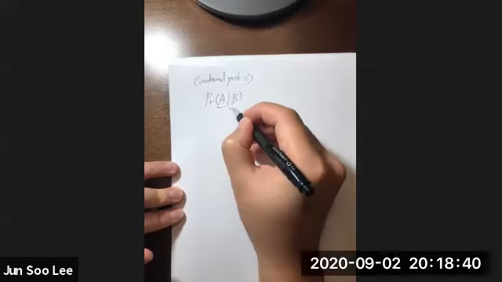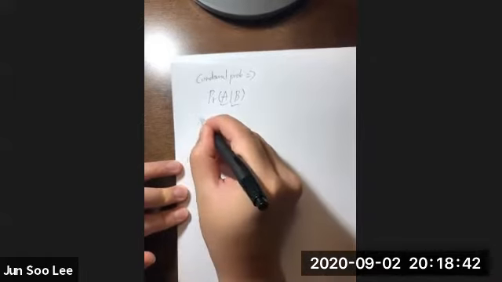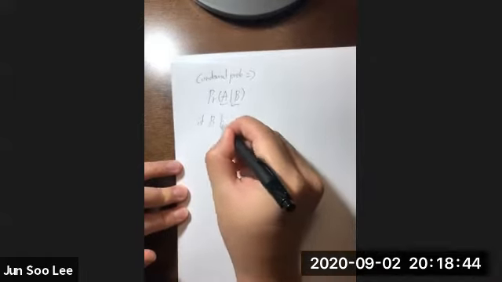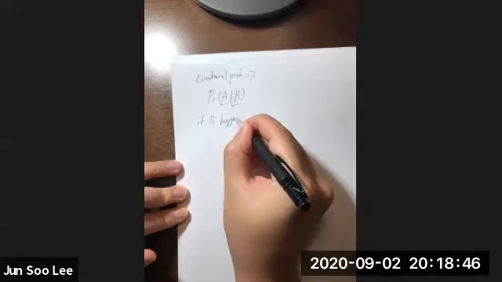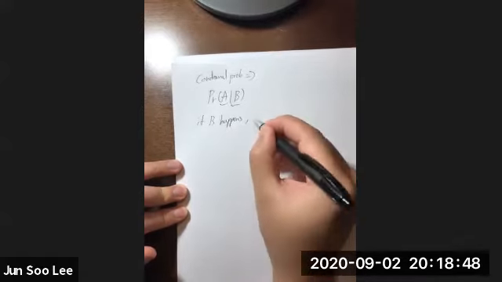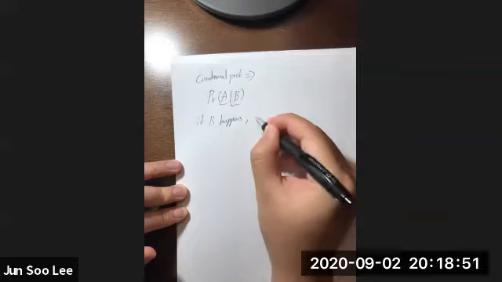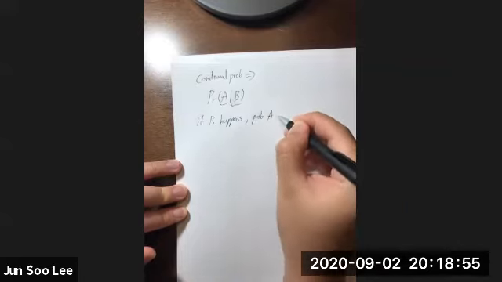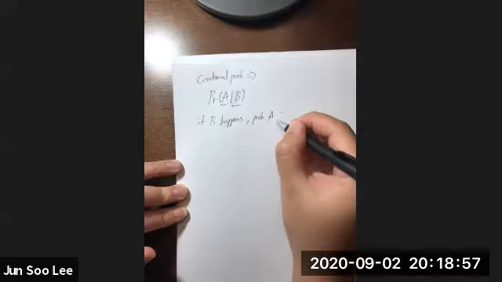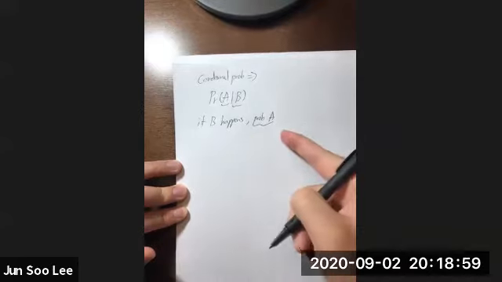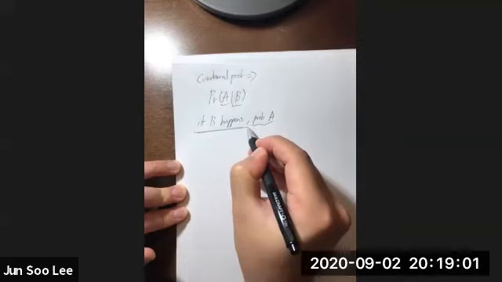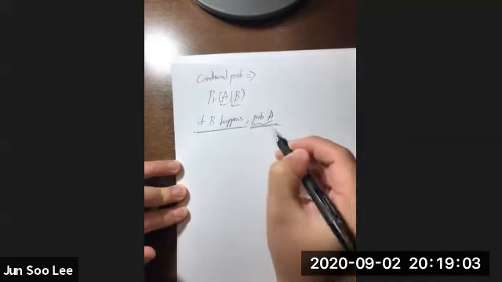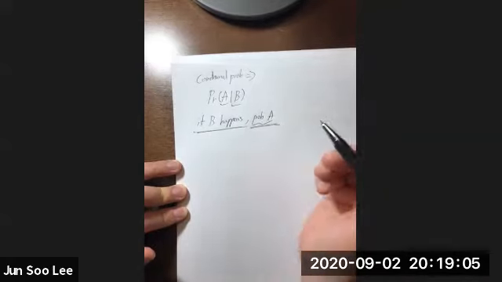So the idea is if B happens, what is the probability that A happens as well? So that is conditional probability. If this one happens first, then we are looking for the probability of A happens.